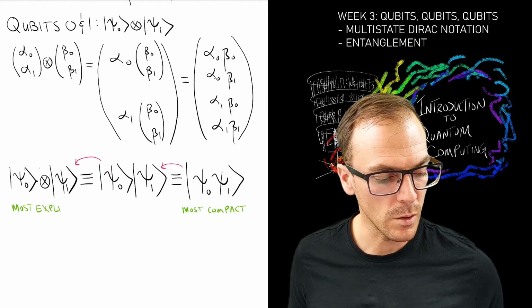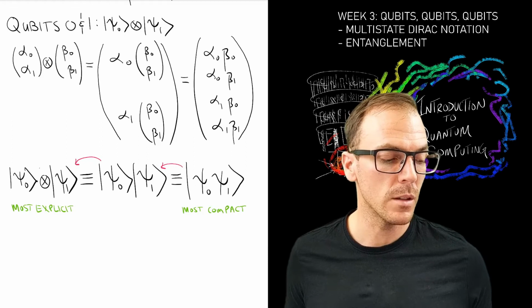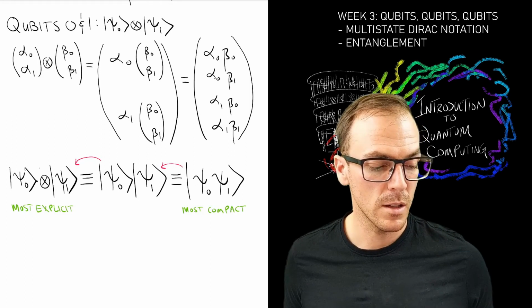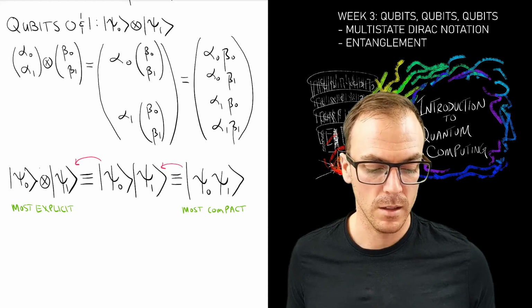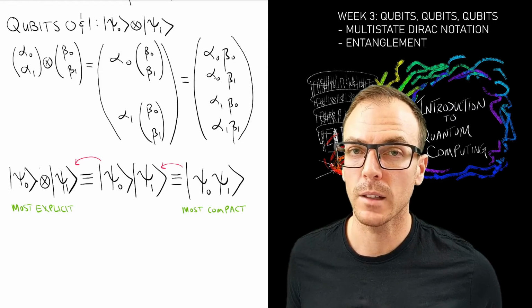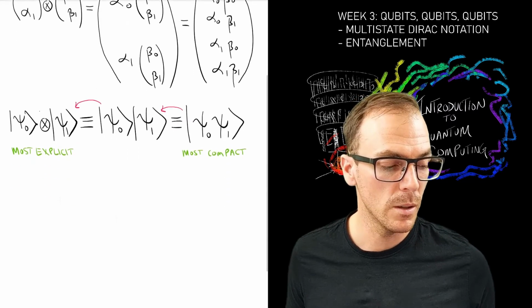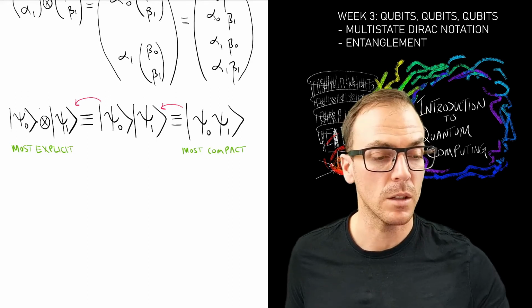So if you're ever confused about whether the thing on the right actually means two separate qubits or not, it has to be understood from context. If you already understand that context, then you can write everything out in this compact notation, and that becomes much simpler. But if it's unclear, then you should write everything out in the explicit notation.